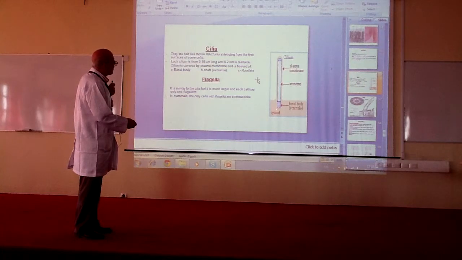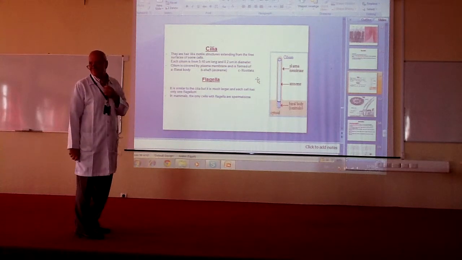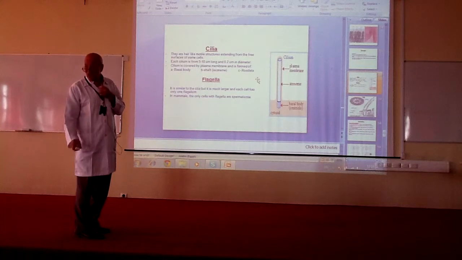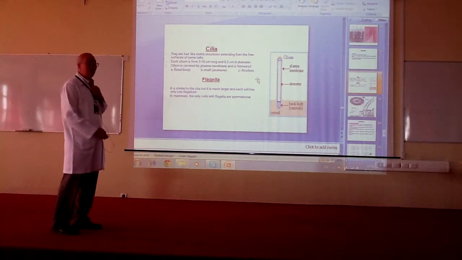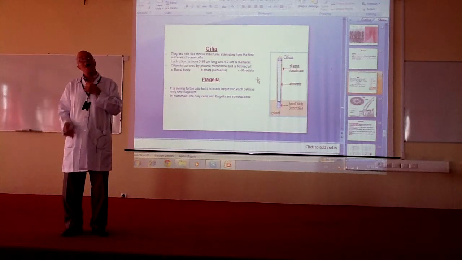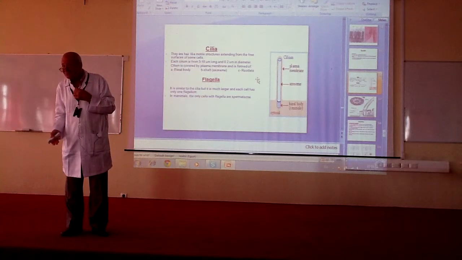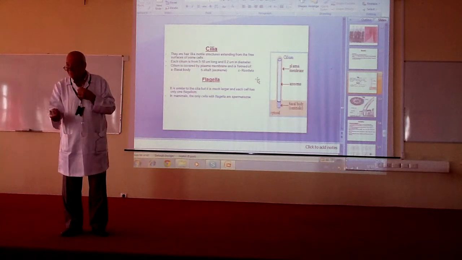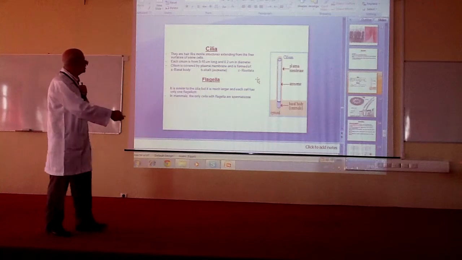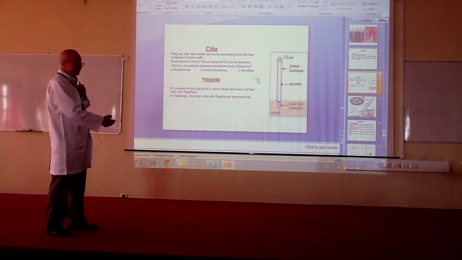Each basal body will form the axoneme and take with it the cell membrane up. So, in ciliated cells, how many cilia may you find in a cell? Many. How many in the respiratory tract? Up to 300 per cell. So you may find 300 basal bodies in the apical part of a ciliated cell.